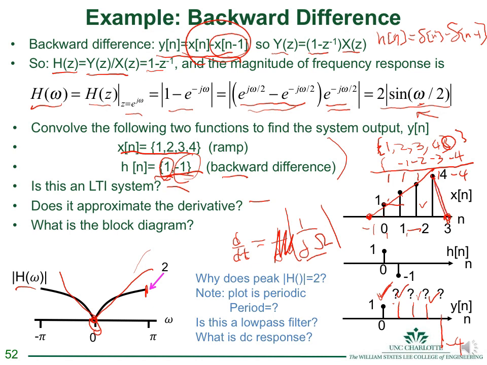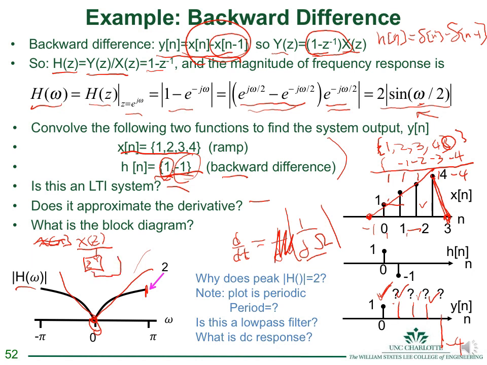Finally, what's the block diagram of this system? So we can write it just straight from the Z transform. This block diagram would have x of z coming at the input, since it's easier to work in Z, then z minus 1, and then feed forward to a summing junction, and the output is y of z.